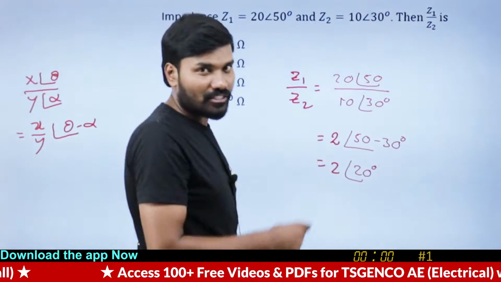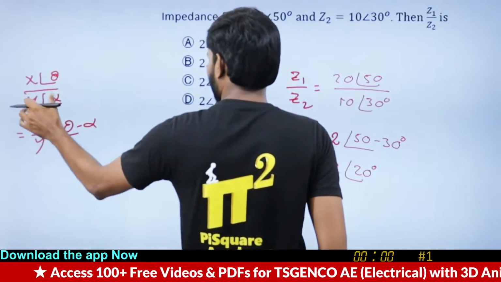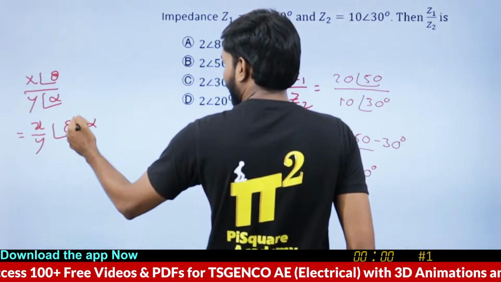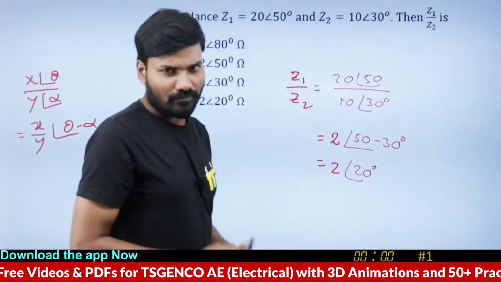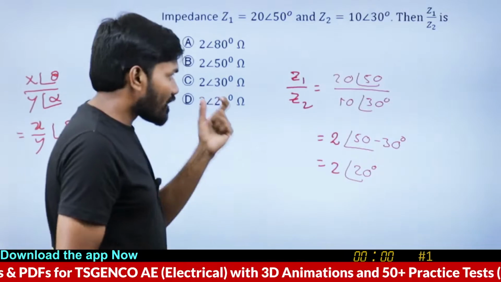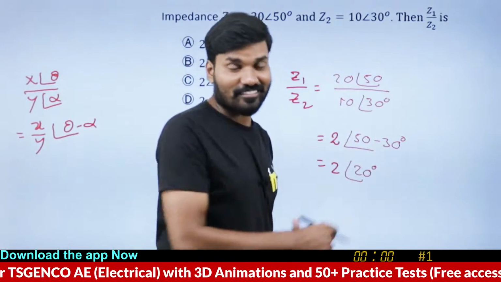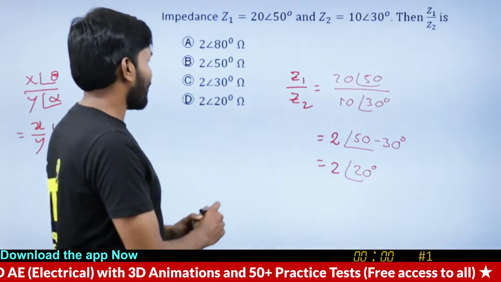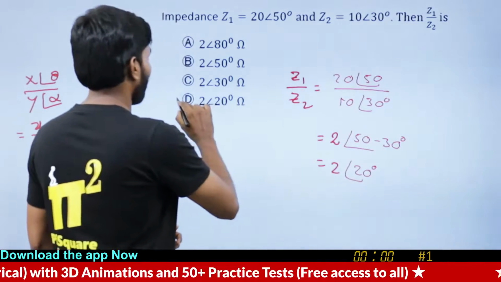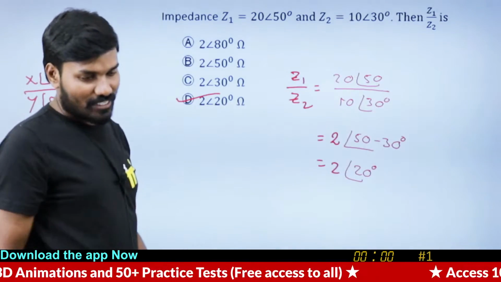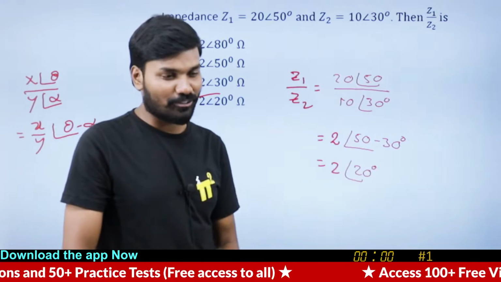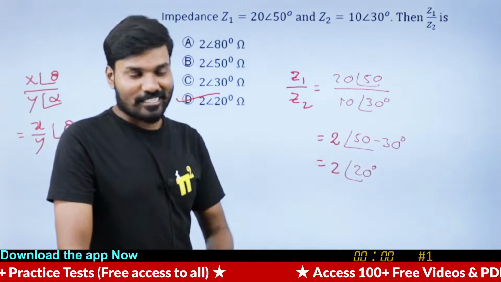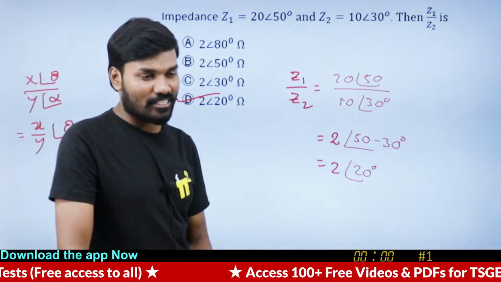If it is multiplication, the magnitudes will be multiplied and the angles will be additive. That's a known thing. Based on this, the next questions are interesting. You should answer that as well. So for now, 2 at an angle 20 is the answer. So the first question becomes too easy for you. Let's see what we'll do for the next question.